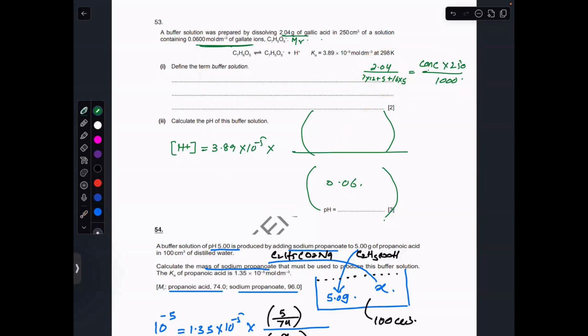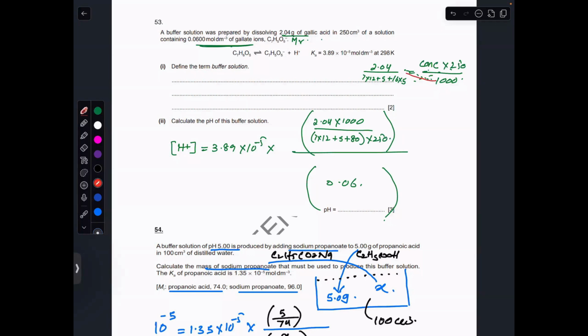So what is happening? It will go there and it will come down. So actually 2.04 into 1000 divided by 7 times 12 plus 5 plus 80, and 250. Why?